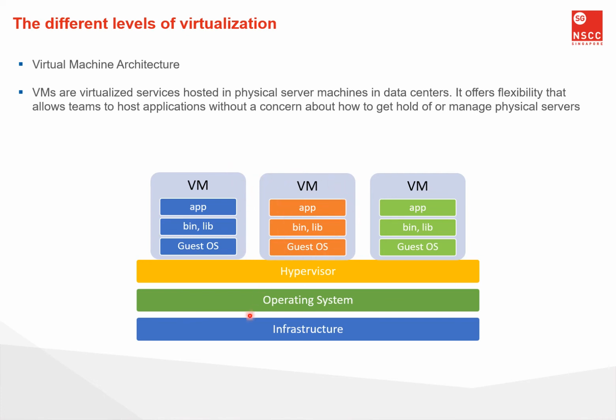But of course, physically, the resources running on this machine are derived from the underlying hardware. For example, the hard disk in the underlying infrastructure is shared across each of the virtual machines.